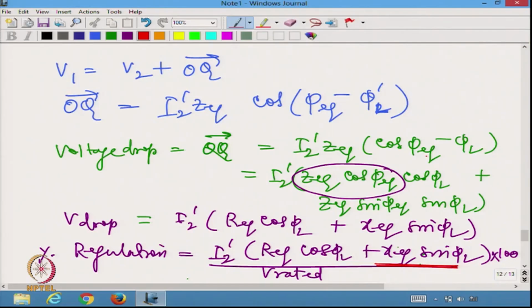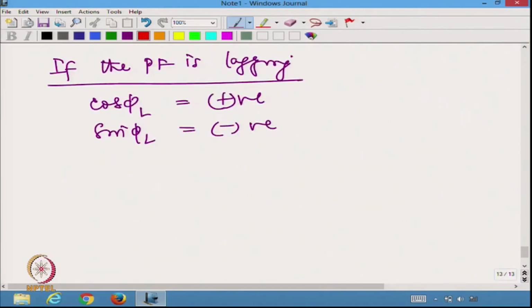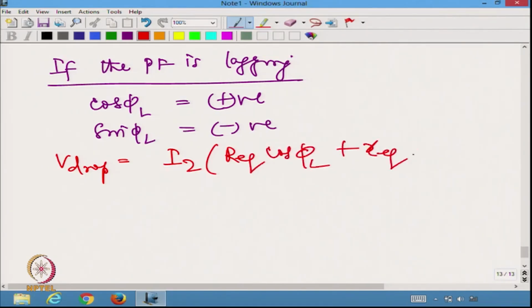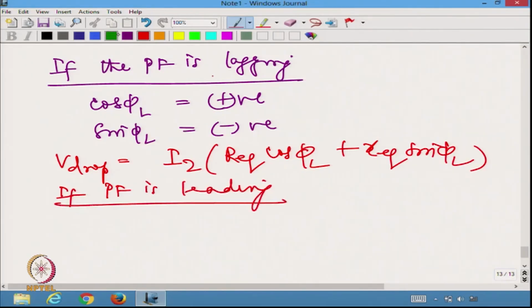That is why we got cos of phi equivalent minus phi L. So, voltage drop will be equal to I load or I2 multiplied by R equivalent cos phi L plus X equivalent sin phi L, whereas if the power factor is leading, sin phi L will have an opposite sign.